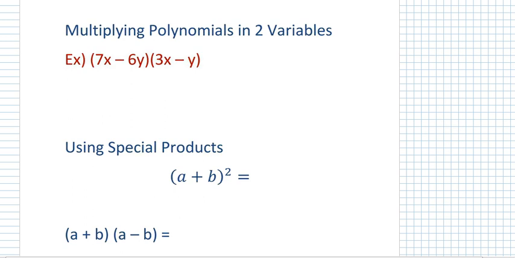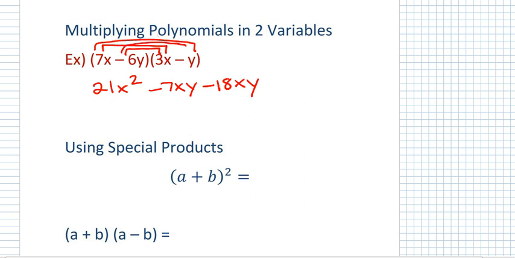When you have two variables, like this one here, no biggie, just FOIL. 7x times 3x is 21x squared. 7x times negative y is negative 7xy. Negative 6y times 3x is negative 18xy.